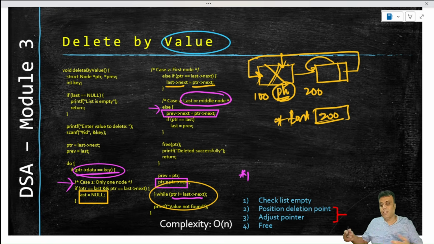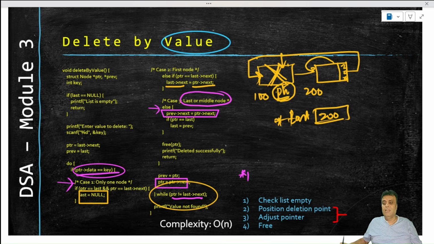So when we actually enter a node, pointer has a value. That pointer value is the value that is supposed to be deleted. So it's deletion by value. The value was found at this pointer, so delete this. If we delete this, then our last next should be pointer next. Where is pointer?